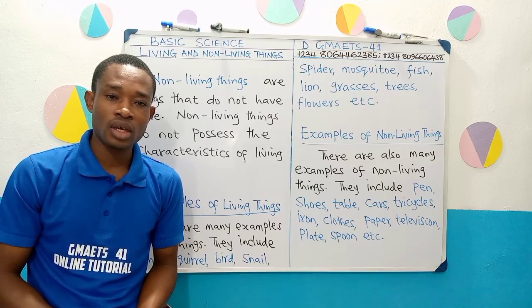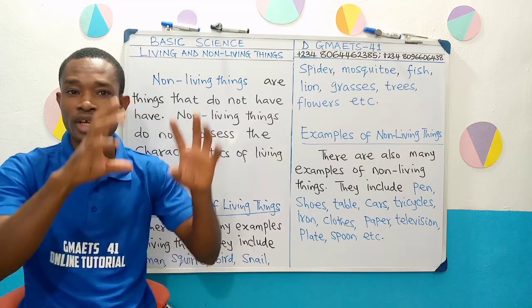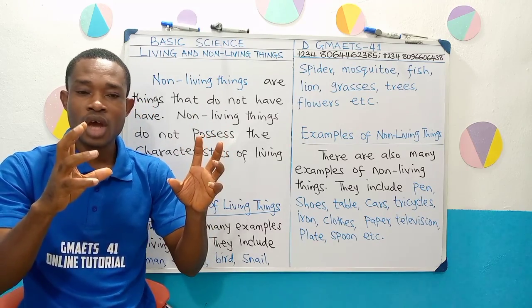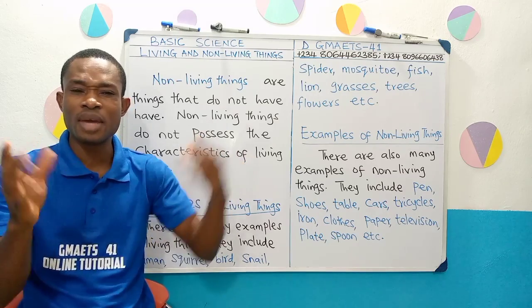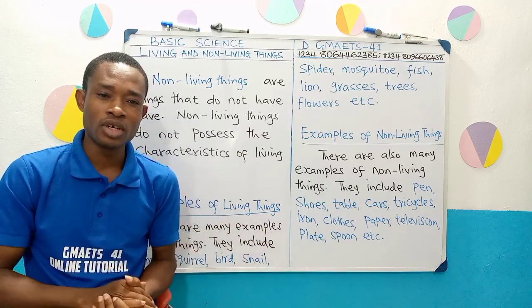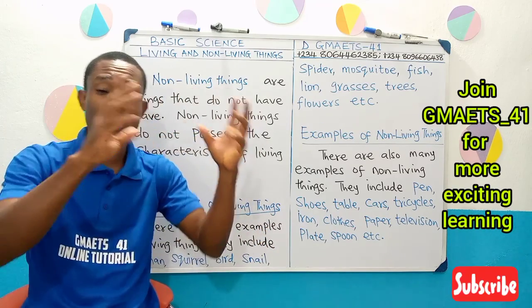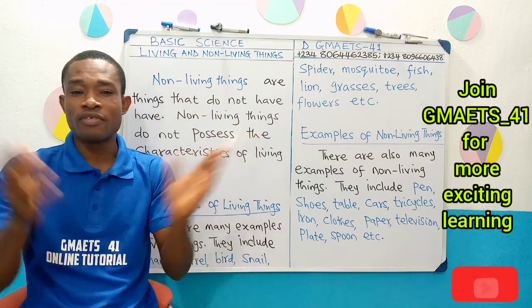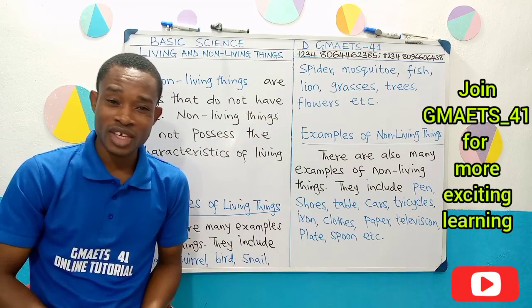You could also see trees in the video clip. Alright? And so how can we say that trees are a living thing? Do they move from one place to another? Yes, trees can move. You would see how the leaves of the trees are moving in the video clip that you would see next.